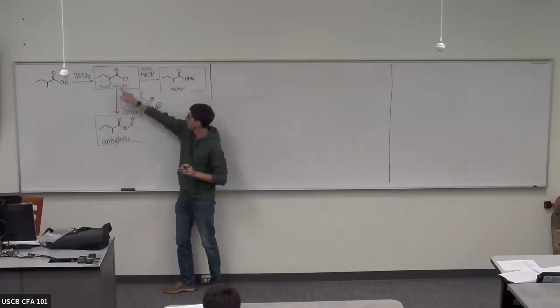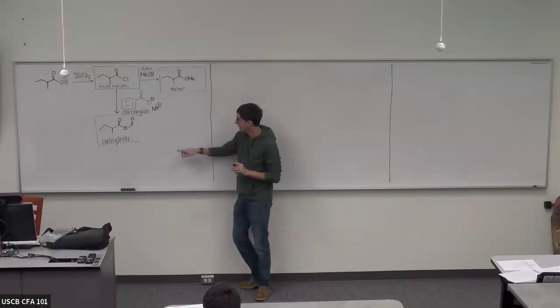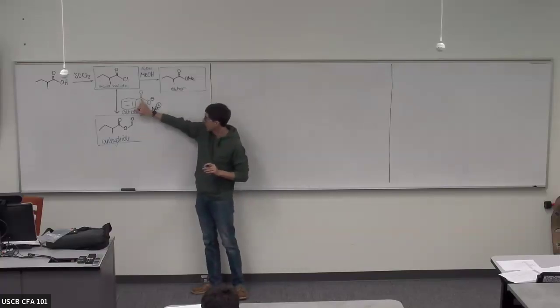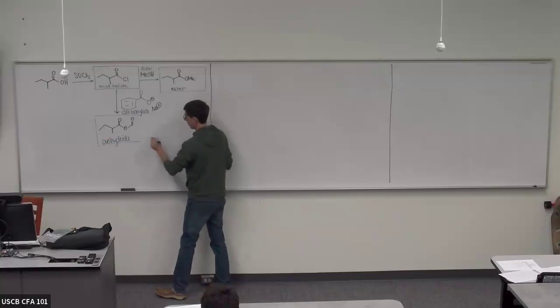So this first carbonyl, of course, is from this reactant, and the other carbonyl is going to be this carbonyl. So we've got an oxygen here, that's this oxygen. And then what's on the other side of the carbonyl? Well, the phenyl over here.